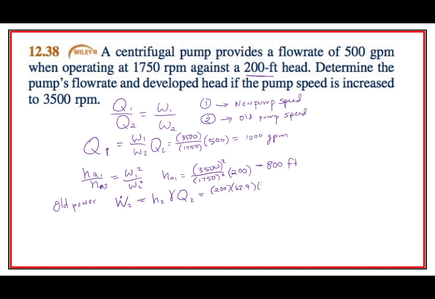The old was 500 gallons per minute. I need to divide by 7.48, divide by 60, and then I also need to divide by 550 to get it into horsepower. So that's going to be, I can't read my own handwriting, 25, what happened here?